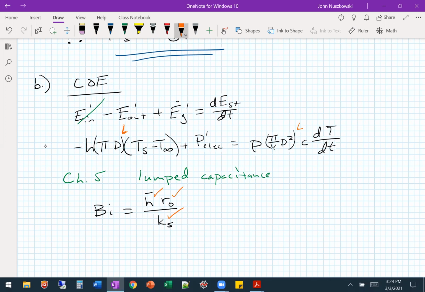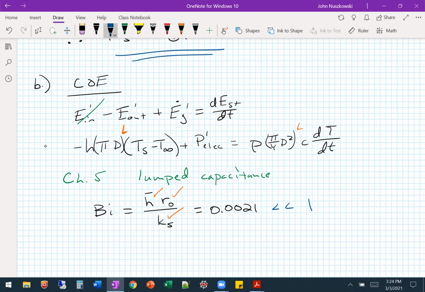This is the actual heating element's thermal conductivity, which was given in the problem. We do this, and we get a value which is much, much less than 1, so we're good there. So we can do lump capacitance.